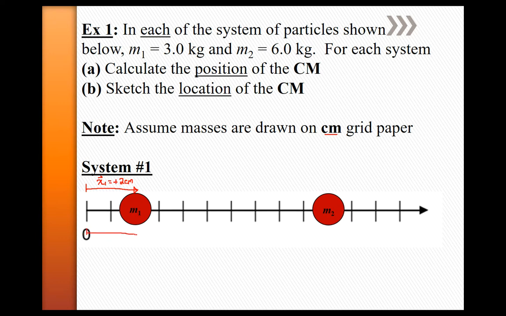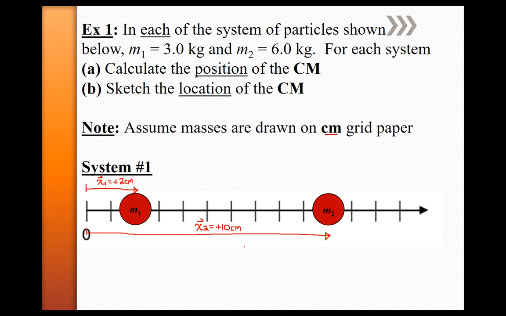And then for this one, I count 1, 2, 3, 4, 5, 6, 7, 8, 9, 10. Okay, so we have x2 would be equal to positive 10 centimeters.